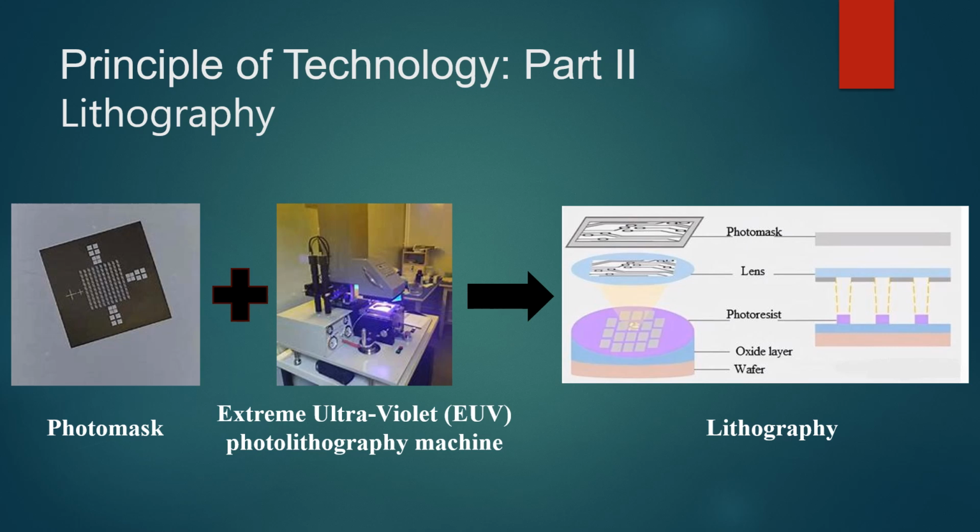When the photomask is placed on the photolithography machine, the light passes through the photomask and shines on the wafer, and the photoresist on the wafer, depending on whether it is positive or negative photoresist, either becomes hard or soft. If it's hard, the remaining part is removed, and if it becomes soft, the part that is shined on is removed, and then it forms the three-dimensional pattern we see here.